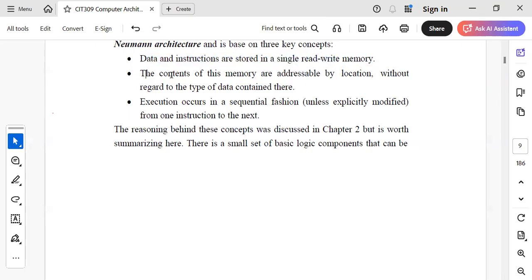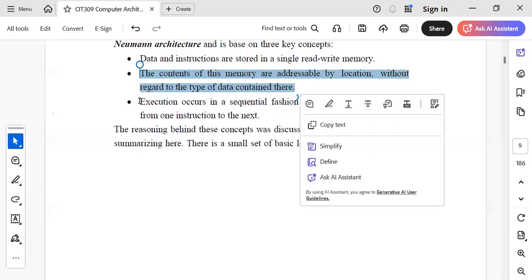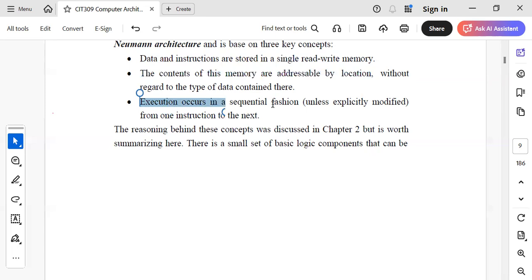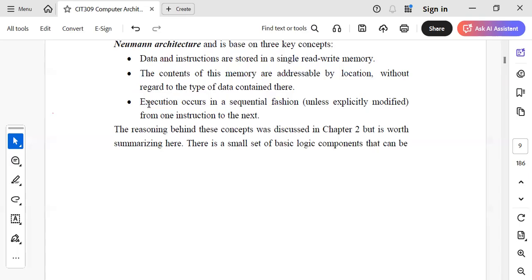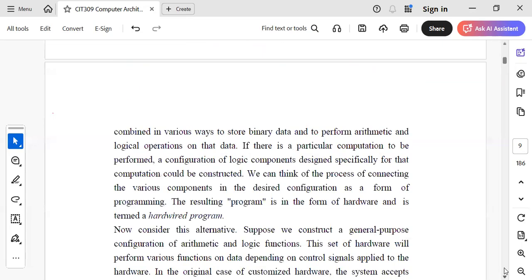The contents of this memory are addressable by location, without regard to the type of data contained there. Execution occurs in a sequential fashion unless explicitly modified. Once you know that, it's okay. That is enough. So we have done justice to that man's design.